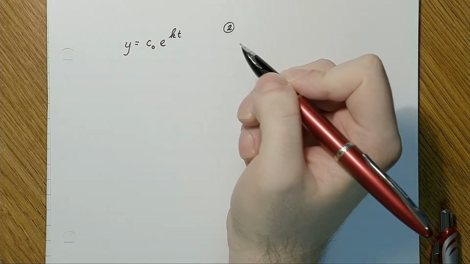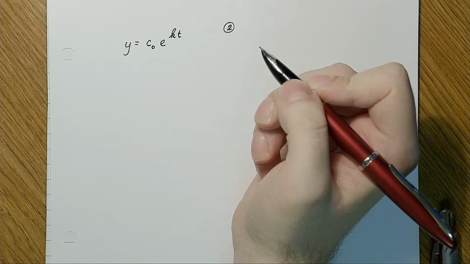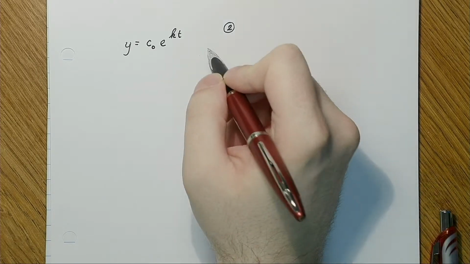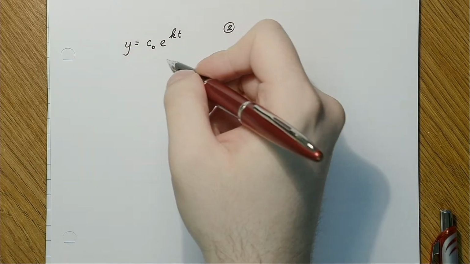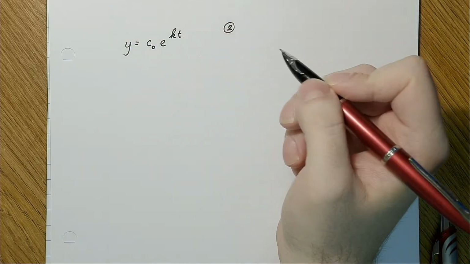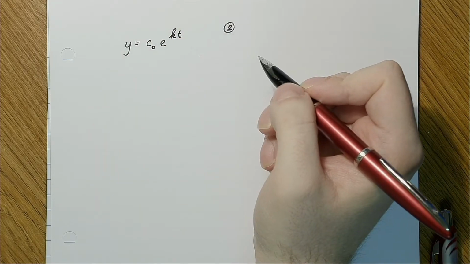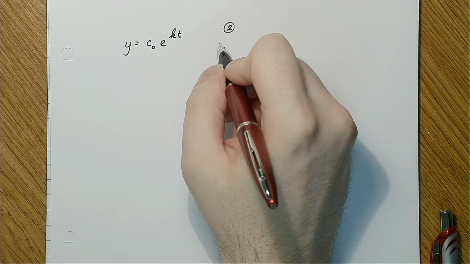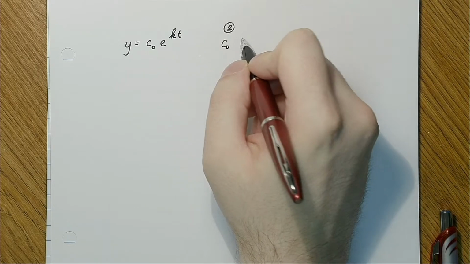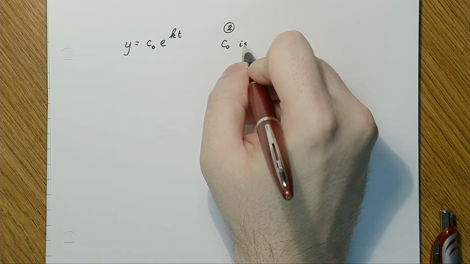That's what it's going to look like. This is our initial guess, and then we'll show that this will work for the equation we want to prove. We'll say that C0 is a constant.